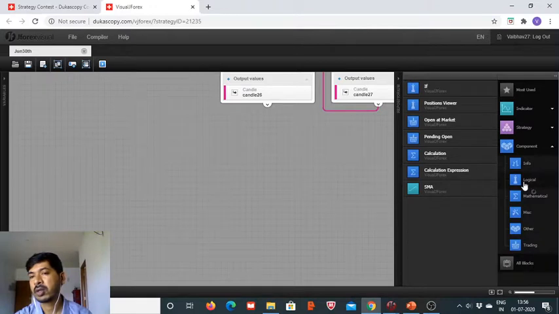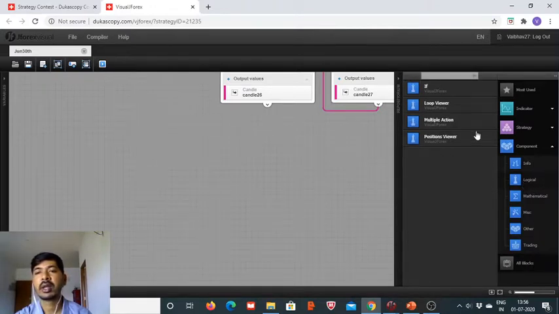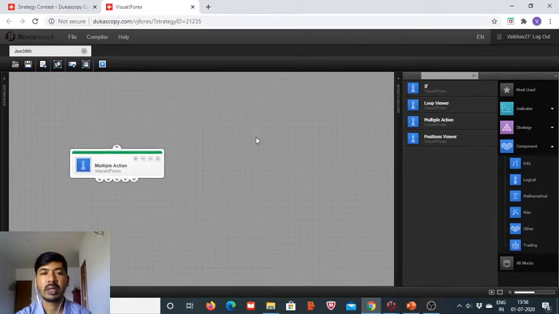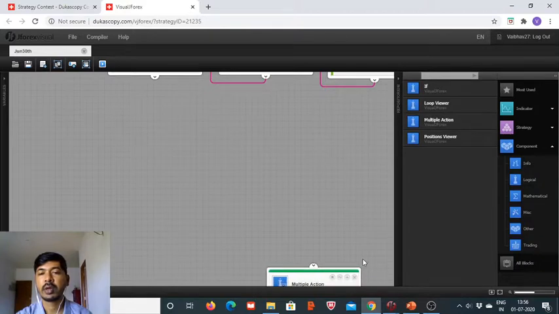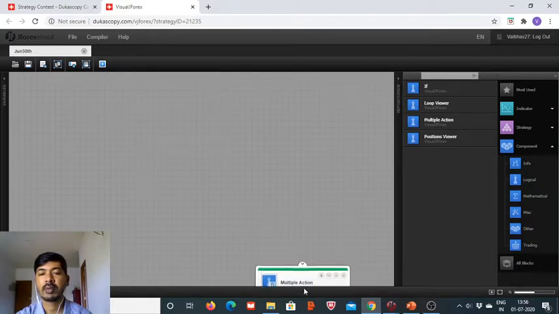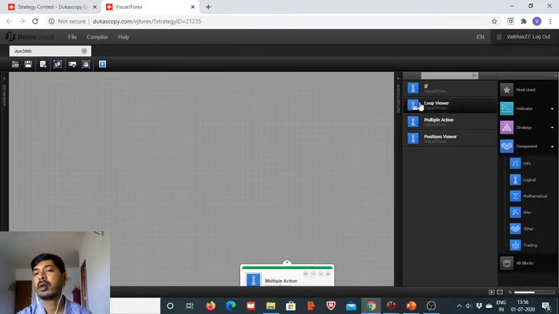So here the first thing we have to do is take the multiple action block, and as I said we will not join the flow, not yet. We will leave out some space and we will join the flow later on.